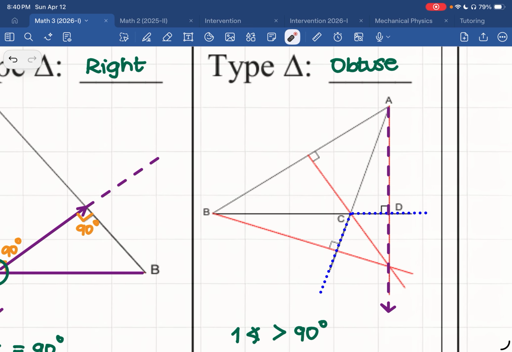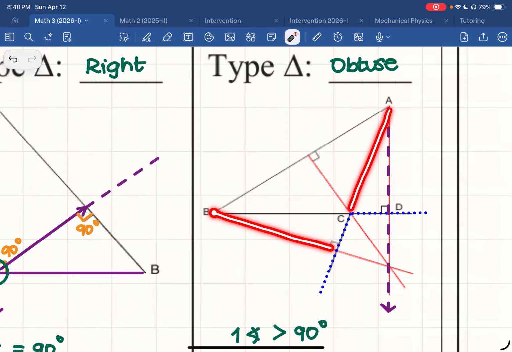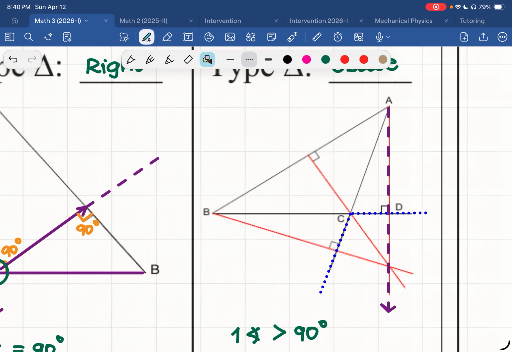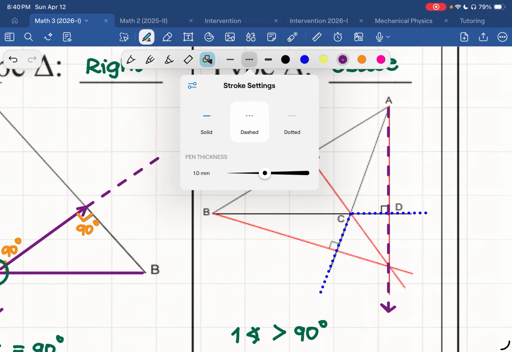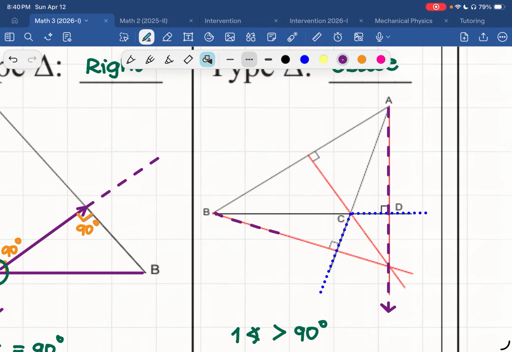So now I can say, okay, if this is the vertex and I extend this line, which is the opposite side, I can form a 90 degrees angle here, right? So in this case, this is gonna be something like this, right?